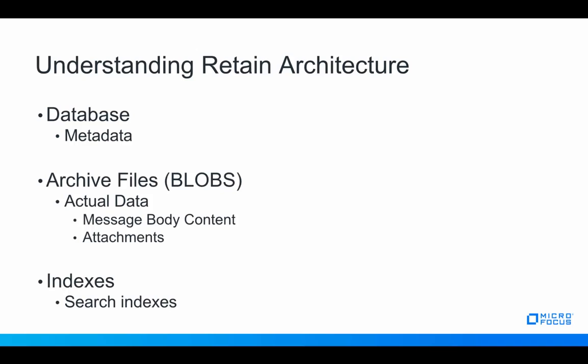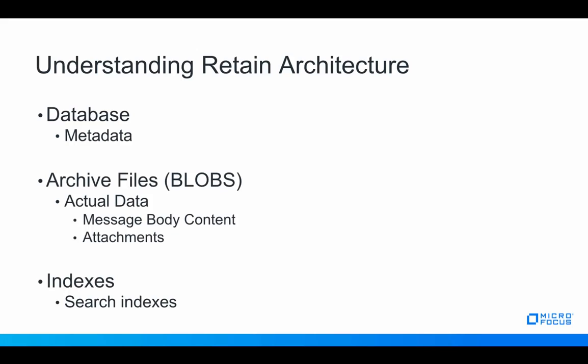What's really cool about the architecture of Retain is anything inside of a message is just an external blob file that gets spun out, and what's really powerful about that in Retain is the single instance storage. There are tremendous efficiencies that you get in Retain because of this whole blob file architecture. But anyways, that's your message body content, your attachments, and so forth.